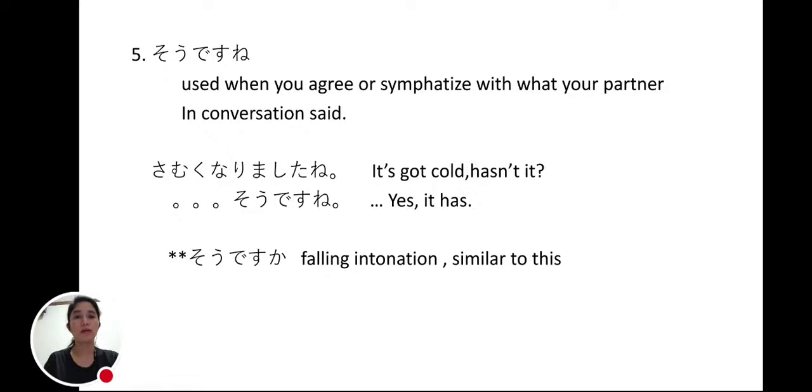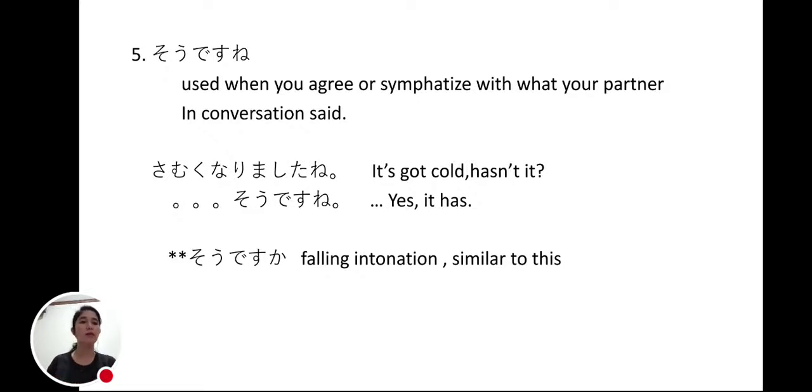And this expression is for conviction or exclamation, after getting information which was unknown to the speaker.